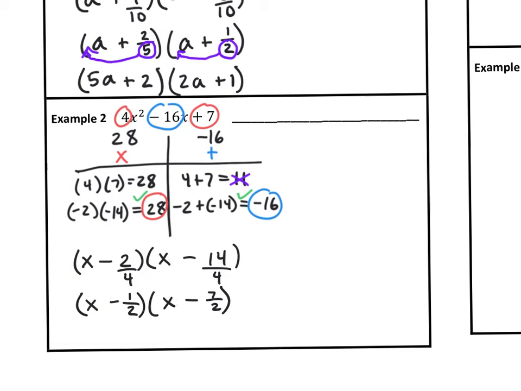And so we're going to bring this bottom up over here and this bottom up over here. And so we end up getting 2x minus 1 and 2x minus 7. So that should be my answer.